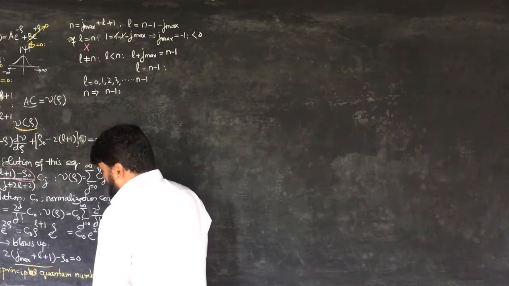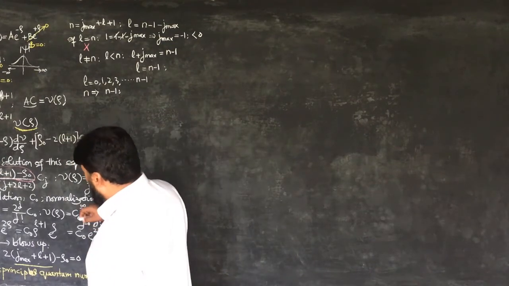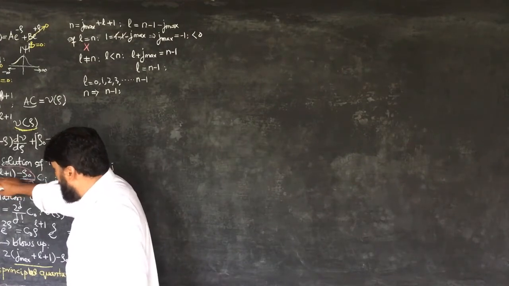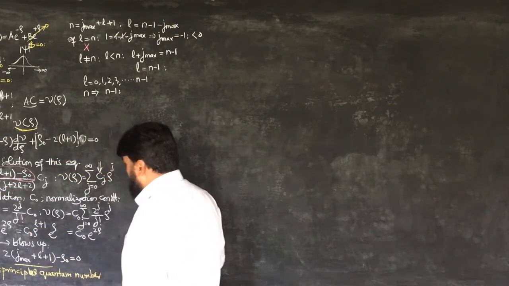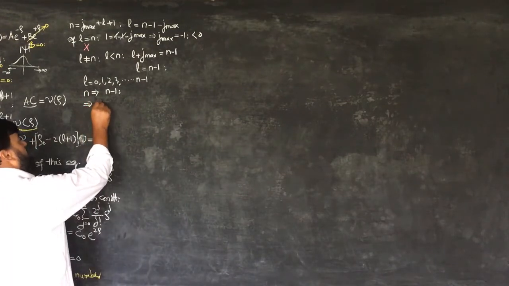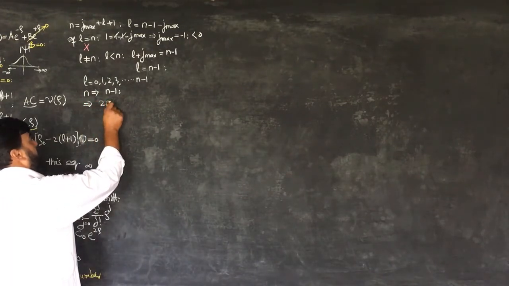So from this equation, I can now write that 2 times N is equal to rho naught.